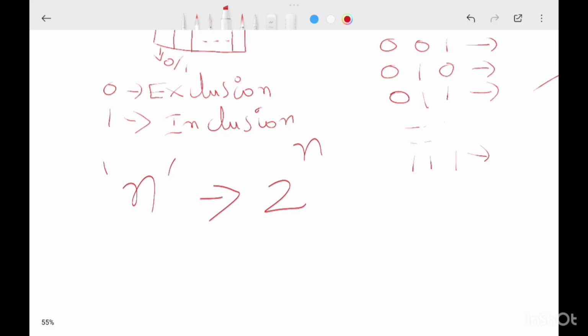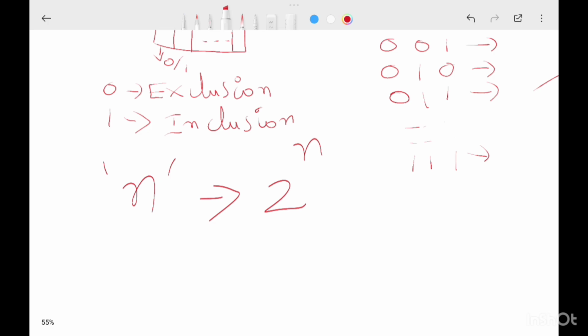That means 2 power n possible subsets can be formed from the given set, and we need to find the sum of all the subsets and only return the subsets which satisfy the given constraint, that means the sum. So if we solve this problem using this method, then the complexity of this particular solution is 2 power n. We found 2 power n combinations, and for each combination we find the sum. So it takes 2 power n.